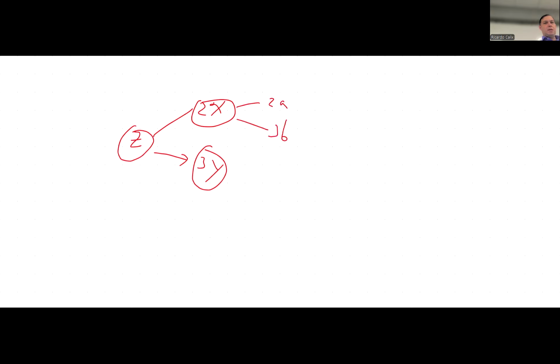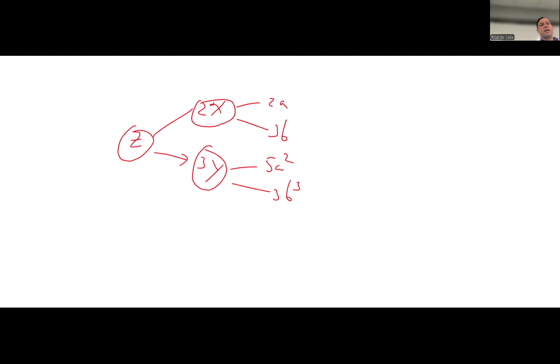So I'm going to have z, and z is going to take in 2x, and it's going to take 3y. And then x is going to take in 2a and 3b. And then this one will take 5a squared and 3b cubed. However, since we're only worried about the a's for now, we can ignore the b's.